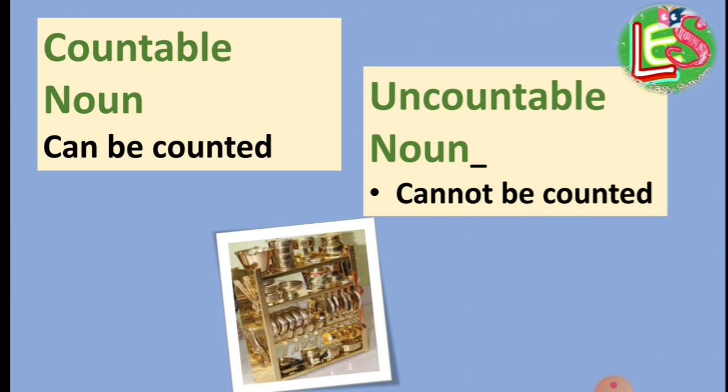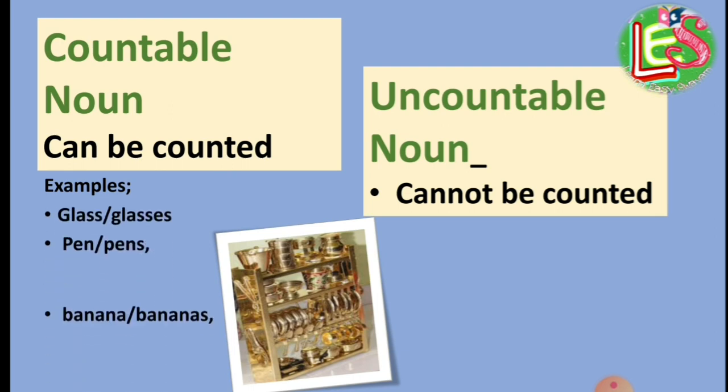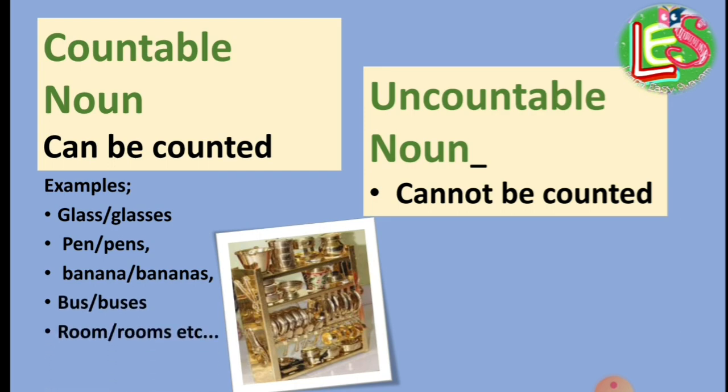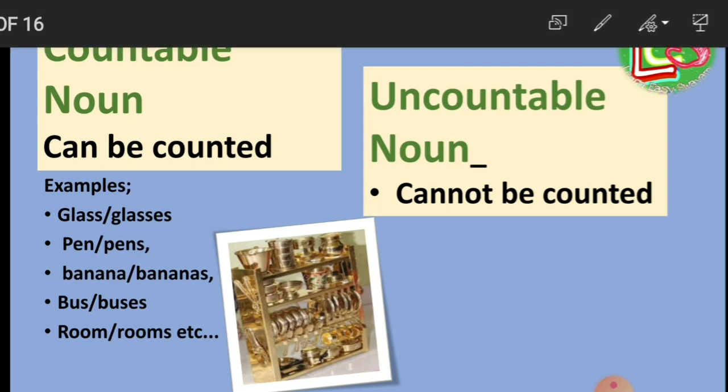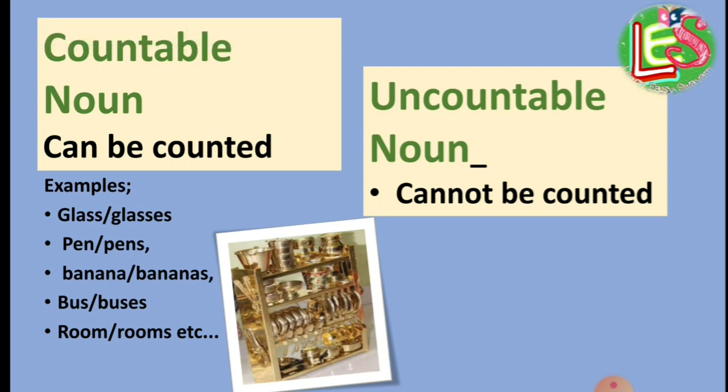Countable nouns means a thing which can be counted. Examples: glass, glasses, pen, pens, banana, bananas, bus, buses, room, rooms. We can count it, and that's why these all are examples of countable nouns.